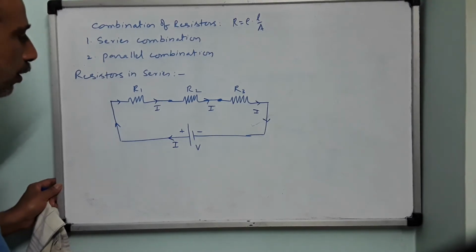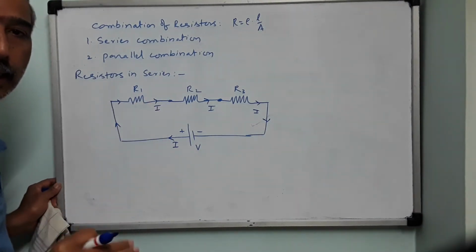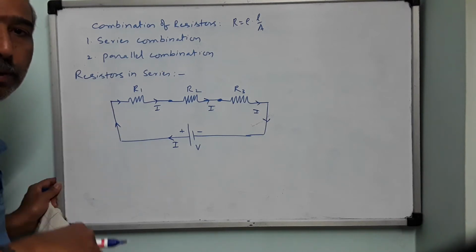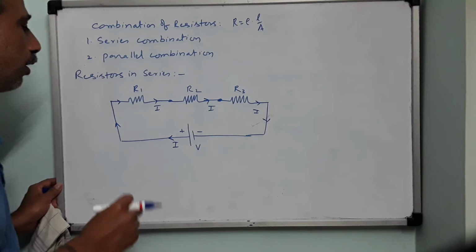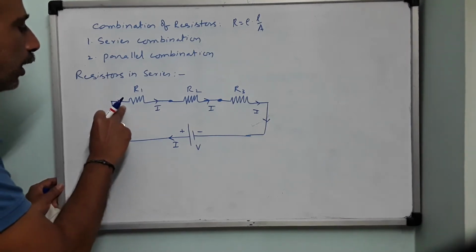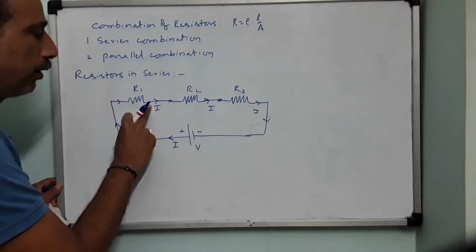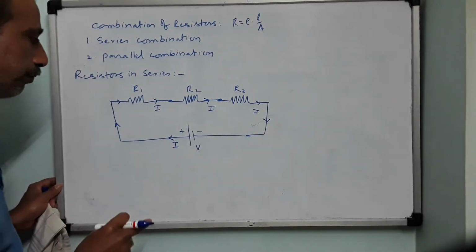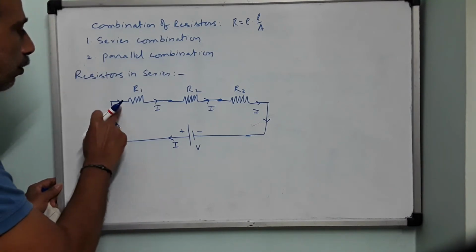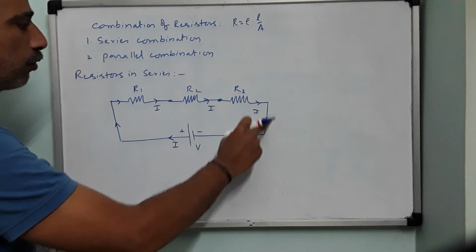When charge is moving through a conductor, remember this conductor or resistor cannot consume any charge or produce any charge. Therefore, whatever charge is entering at the left end, the same charge will come out at the right end. Same is the case with the remaining resistors also. As there are no different paths for this current to divide, the same current will flow throughout the circuit.